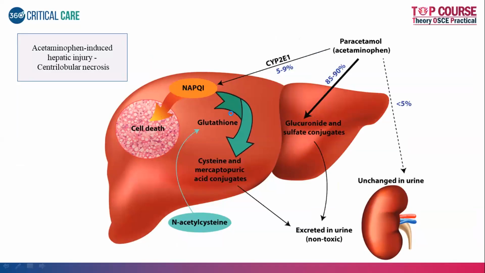But because of the glutathione stores present in our body, it gets converted to cysteine and mercapturic acid conjugates, which are usually non-toxic and excreted in the urine. Okay, so one more thing you need to mention when you're mentioning the pathophysiology of paracetamol toxicity is that paracetamol-induced toxicity or hepatic injury is basically a centrilobular type of necrosis.